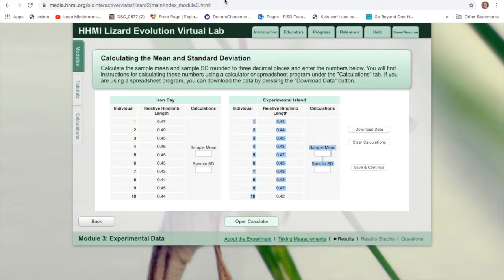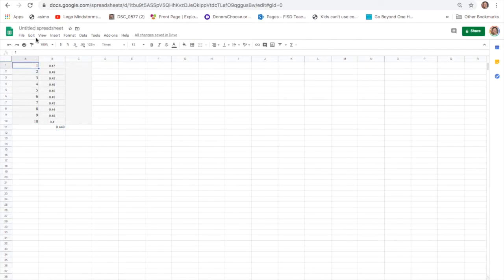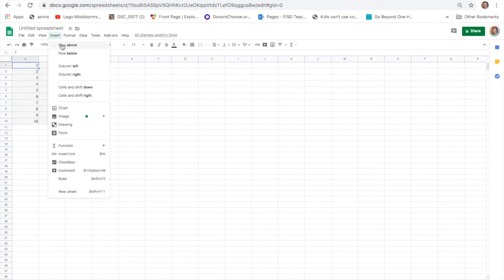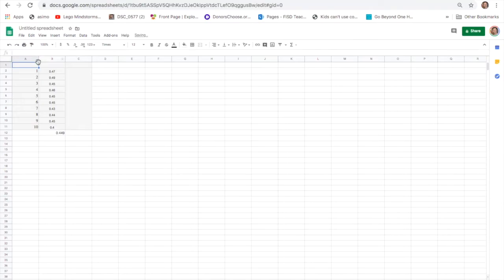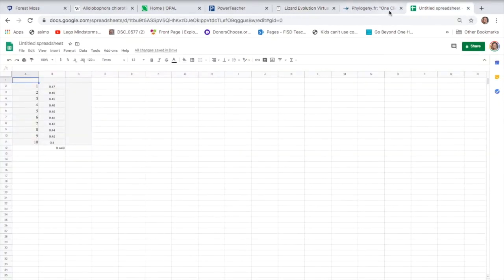You know what? I do want to label my data. So I'm going to go lizard. This is on Iron Key.